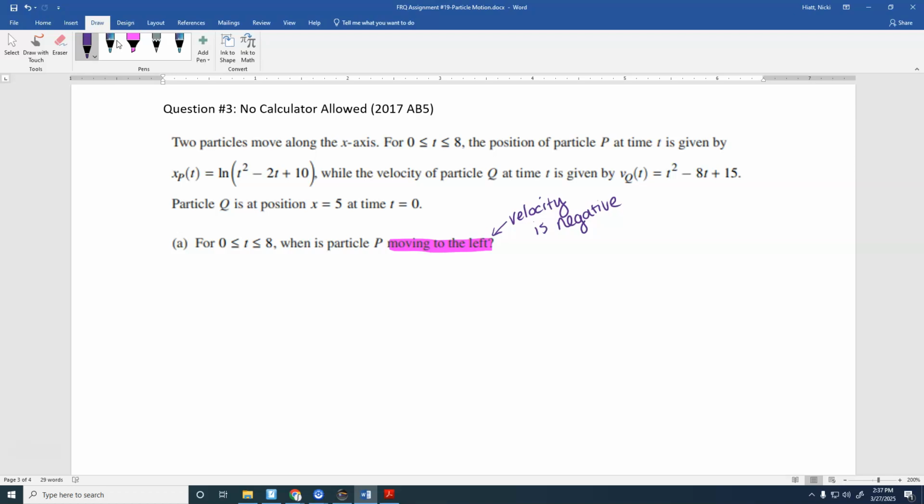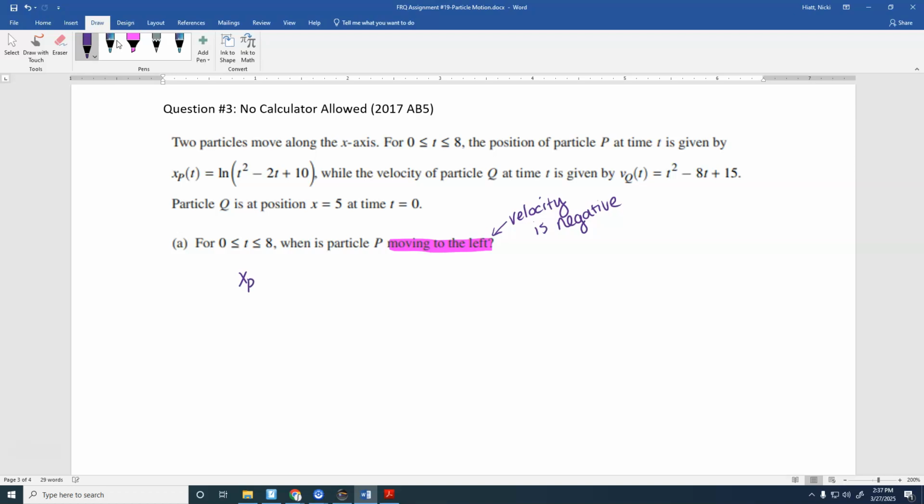So velocity is negative is what we're looking for. Do we have the velocity for particle P? No, we have it for Q. We do not have it for P. What are we going to have to do to find the velocity? Take the derivative of position, right?